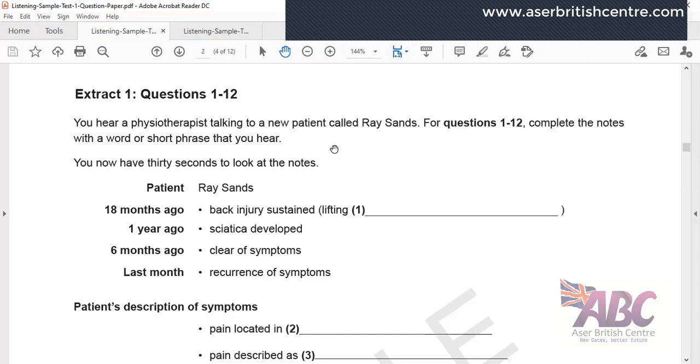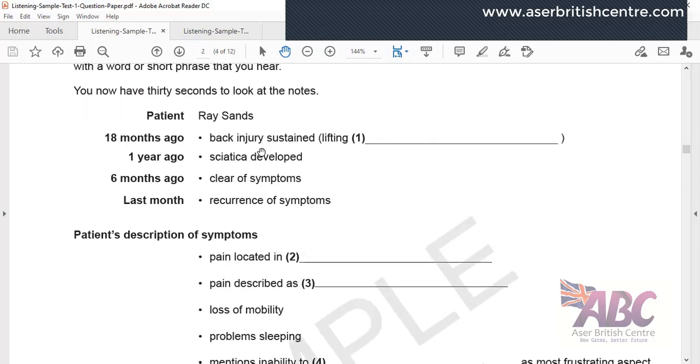For example, here, back injury sustained lifting. So, what do you think the answer here could be, 18 months ago? When he was lifting something. It could be a name, a noun, or adjective, adverb, a verb. Mainly it will be a noun, and this will be a good help.